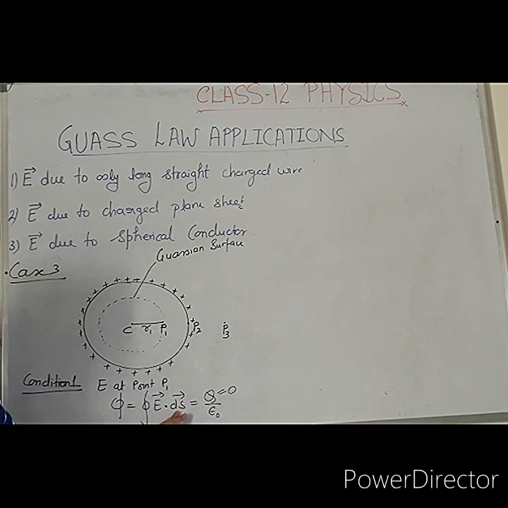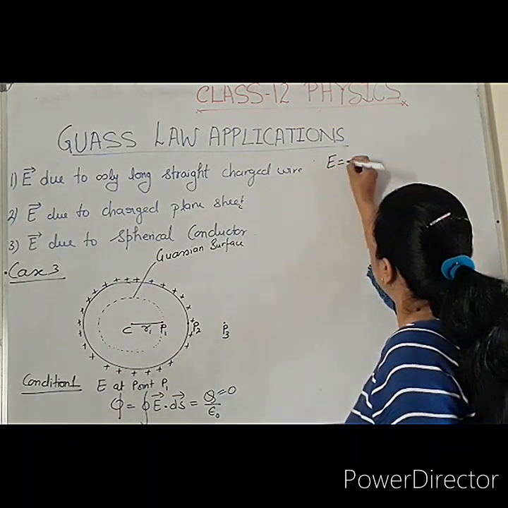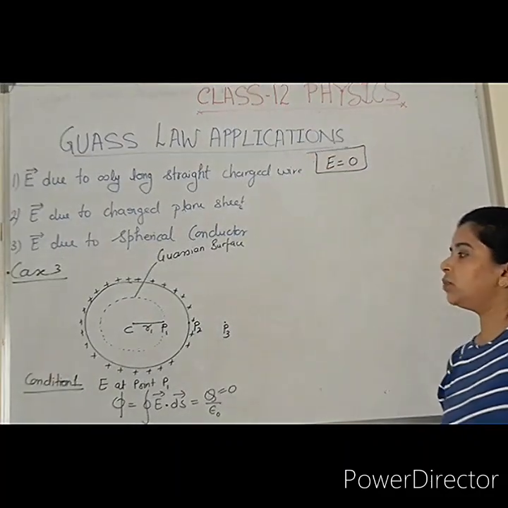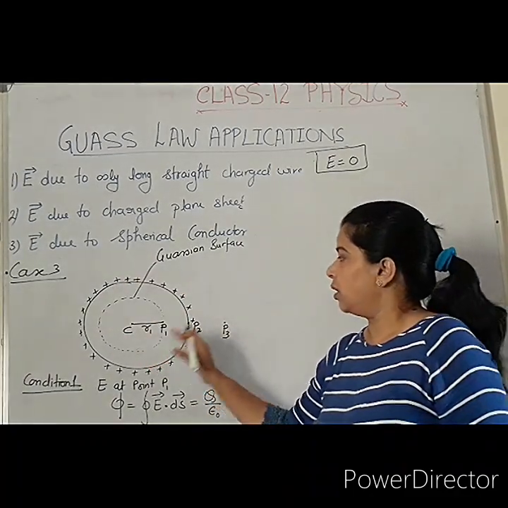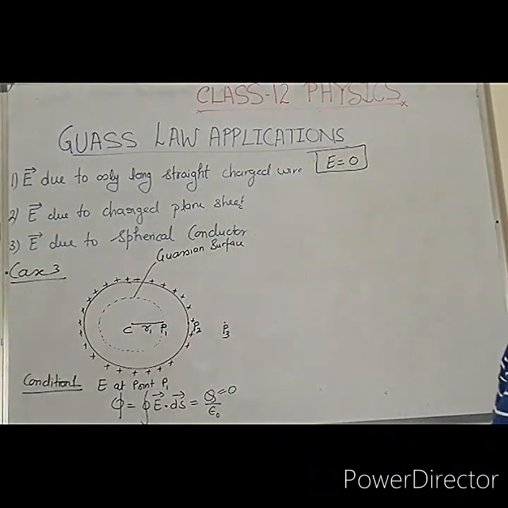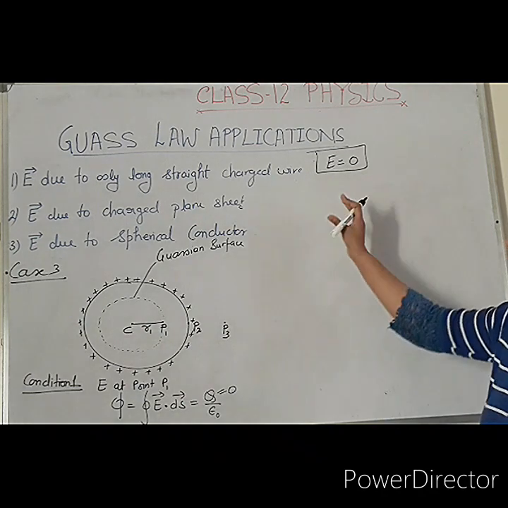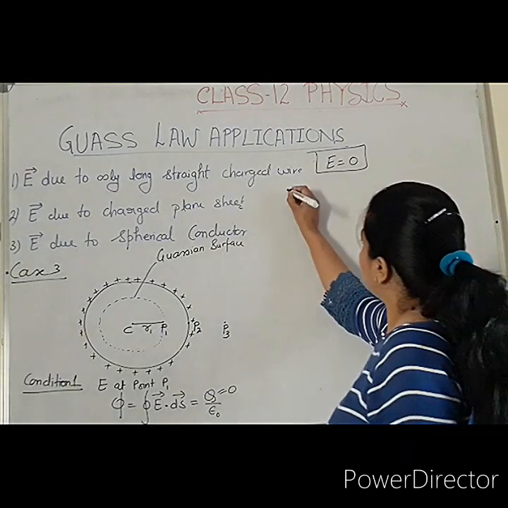You can calculate ds, but because the right hand side term is 0, the electric field value in this case will come as 0. So this is case 1: if the point is situated inside the hollow spherical conductor, the electric field at any point inside the conductor should be 0. This is again a very important concept. It will be useful in chapter 3. So always remember that the electric field inside the hollow spherical conductor should be 0. Okay, case 1 or condition 1.